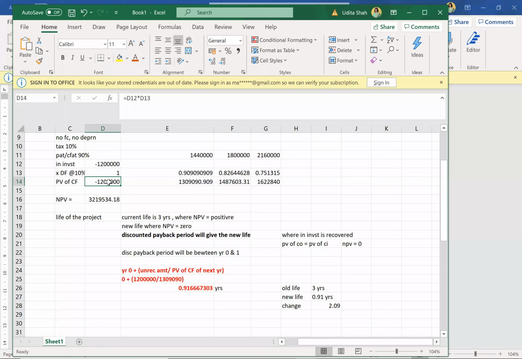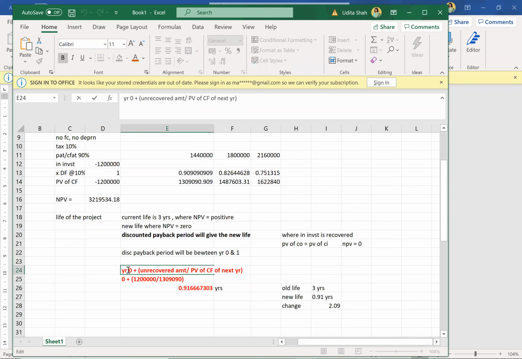So when will our 1.2 million be recovered? In year one itself, at the end of the entire first year, we have 1.3 million. So our 1.2 million will be recovered between year 0 and year 1. So that is the formula for our discounted payback: year 0 plus unrecovered amount divided by PV of cash flow of next year.